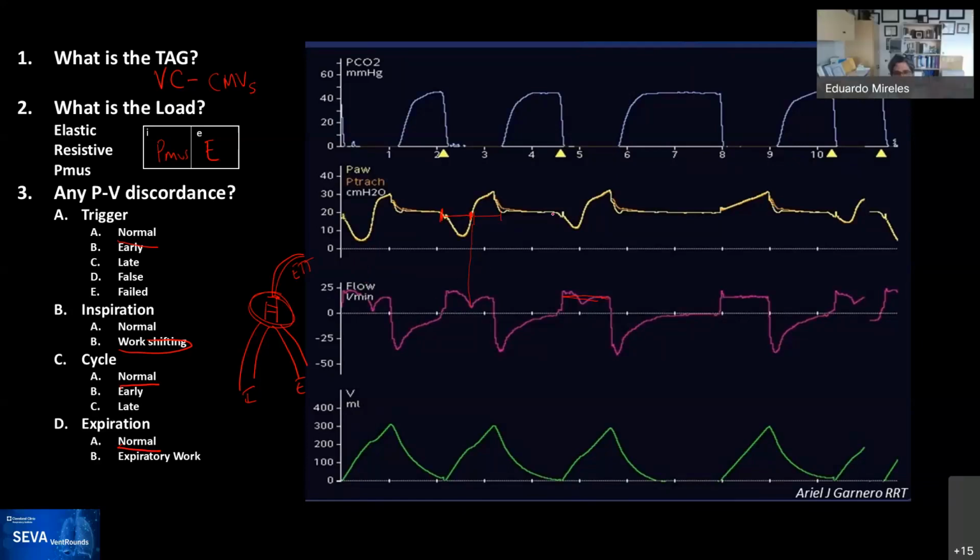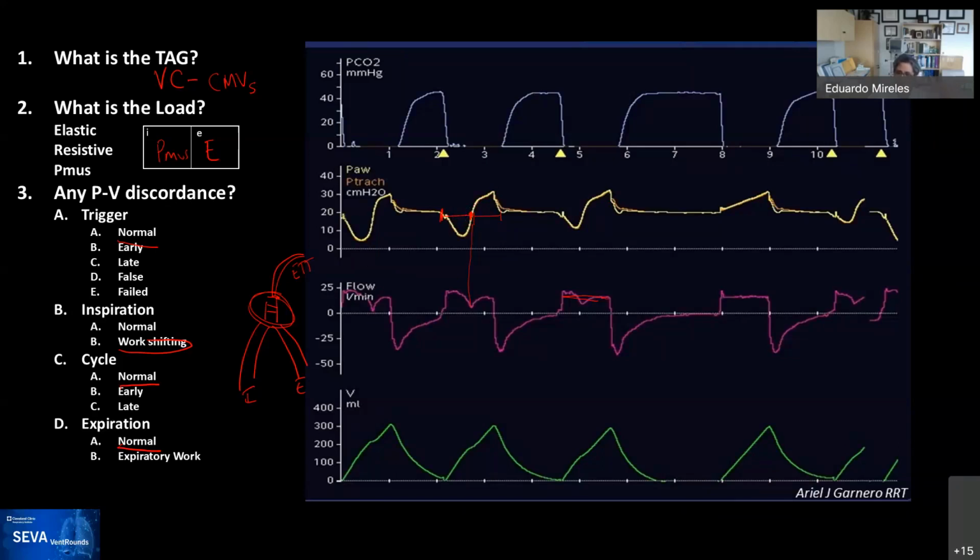Right. And this causes a little bit of challenge in my brain, because you can imagine, even if we didn't have this work shifting, if it had just triggered, it would also be a late cycle. And you remember we had this conversation when we were doing the classification of saying, well, when does it stop being a late cycle? Because if it just triggered and it was a normal trigger and then the rest of the breath the patient was passive, it would technically be a late cycle.